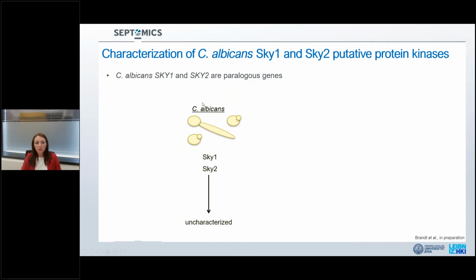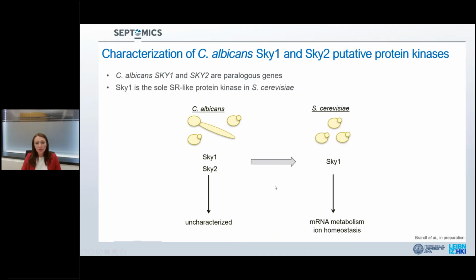These are the SCY1 and SCY2 predicted protein kinases in Candida albicans, and these are paralogous genes. Both predicted kinases are uncharacterized in this pathogen.